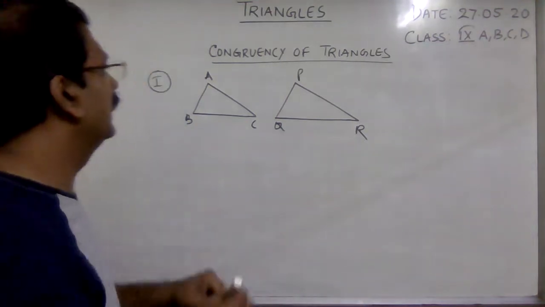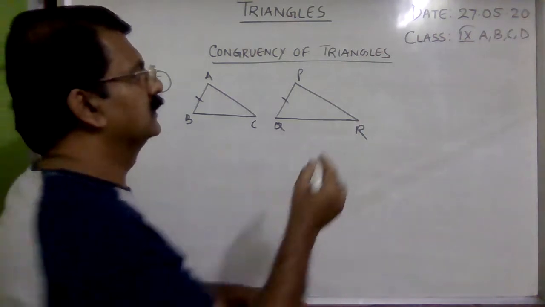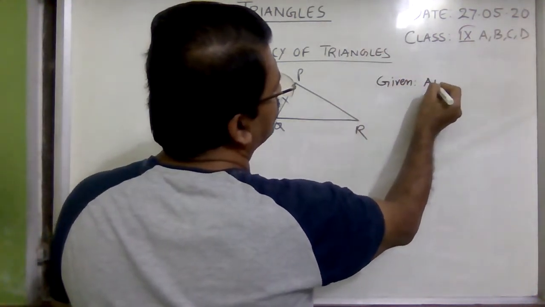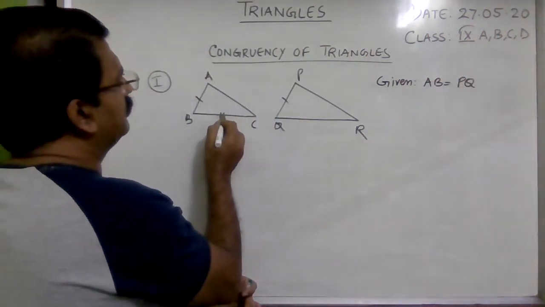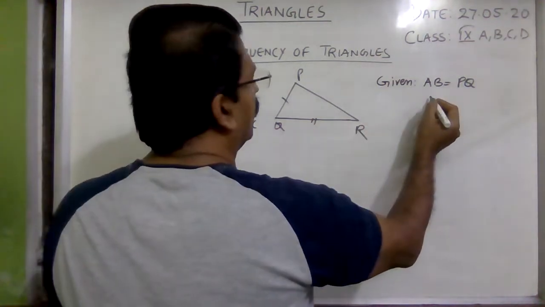Now it is given that side AB is equal to side PQ. Then it is given that BC is equal to QR, means the corresponding sides are equal.